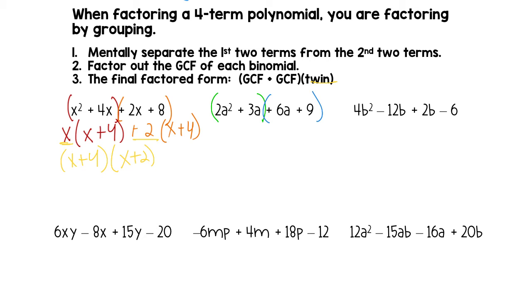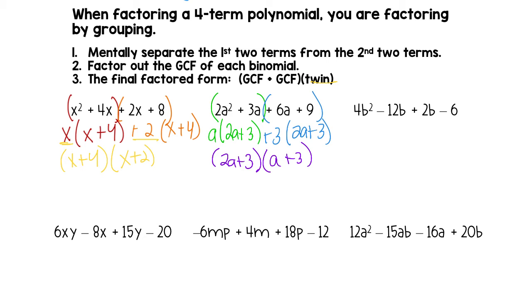We factor out what we can. I can factor a out of the first set, and I've got 2a plus 3. I can factor plus 3 out of the second set and have 2a plus 3. Twins, exactly what we wanted. So we put 2a plus 3, our twin, and then everything not in parentheses, a plus 3.